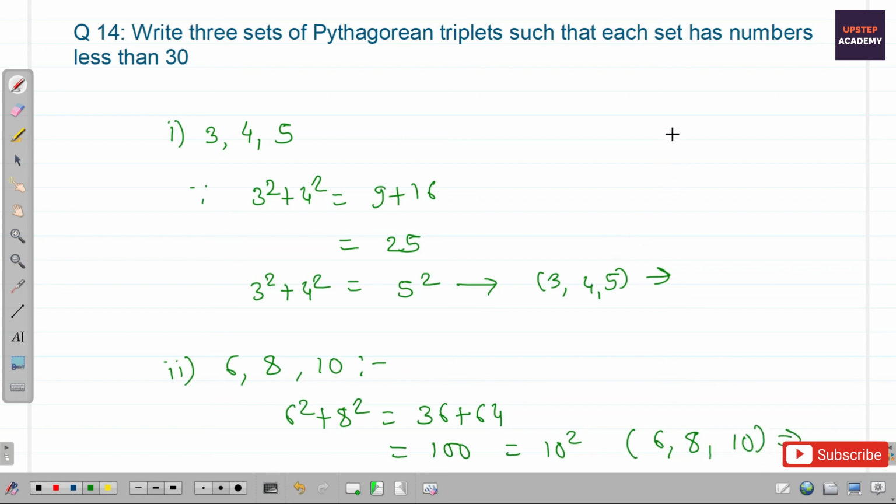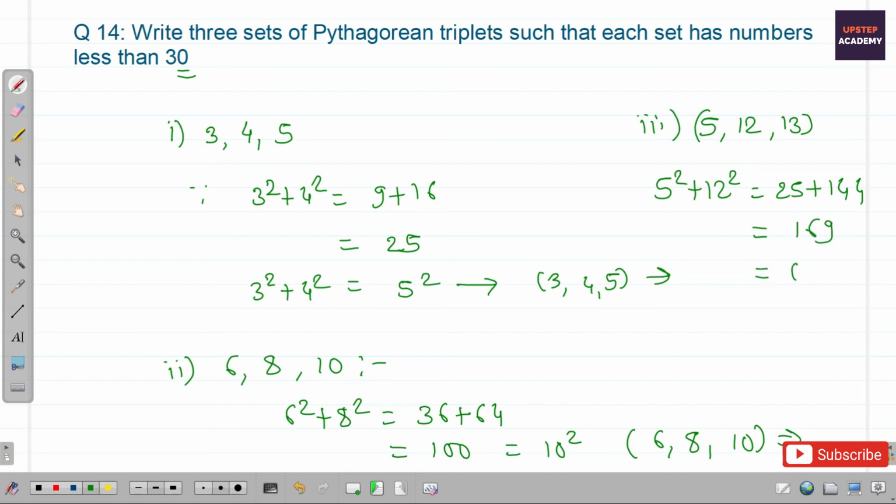And if we want one more, we can write 5, 12 and 13, because 5 square plus 12 square equals 25 plus 144 equals 169, and 169 is nothing but 13 square. So 5, 12 and 13 also becomes a Pythagorean triplet, and all these numbers are less than 30.